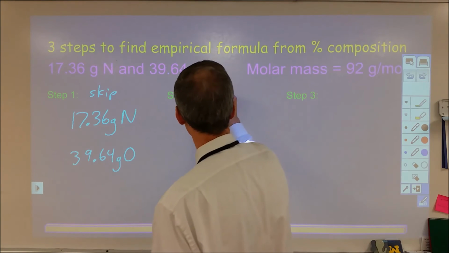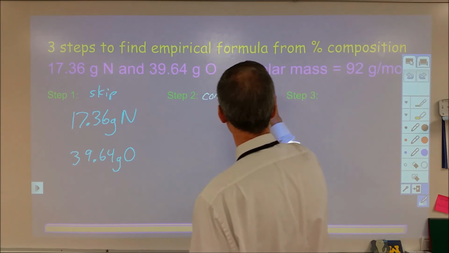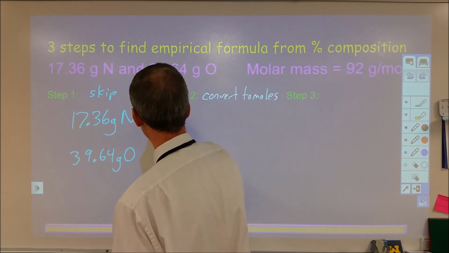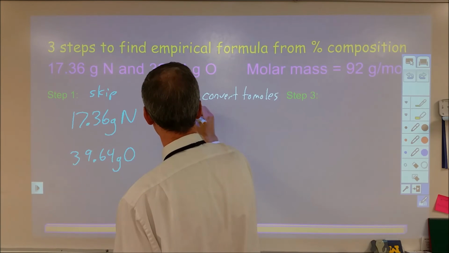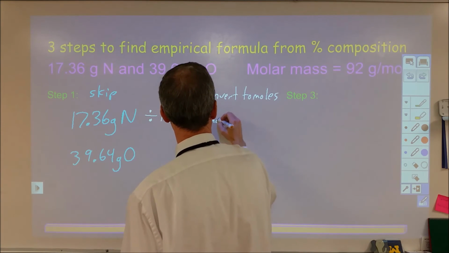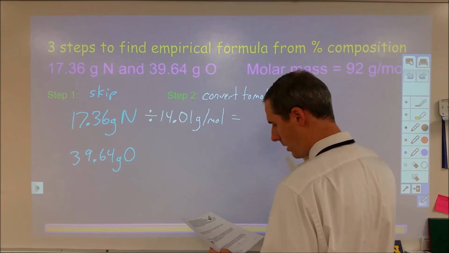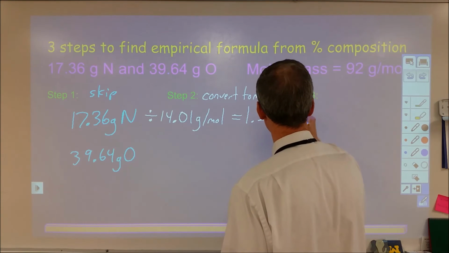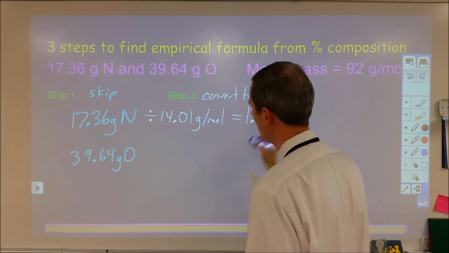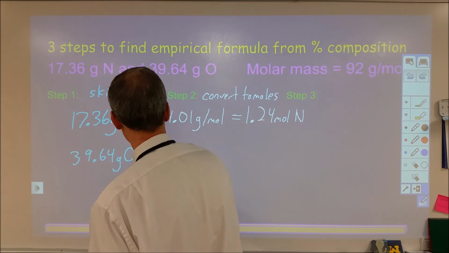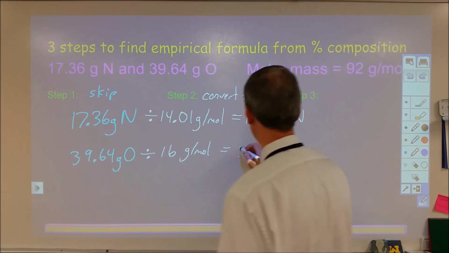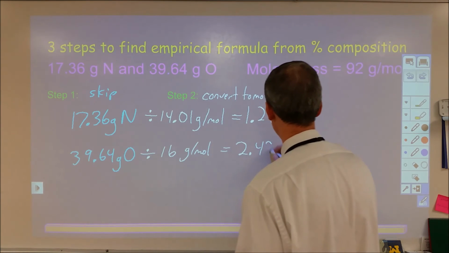We're going to convert to moles. So we're going to divide by 14.01, molar mass of nitrogen. And that comes out to be 1.24. And then we're going to do the same thing with oxygen with its molar mass, 16. Again, taking those right off the periodic table, this comes out to be 2.48.